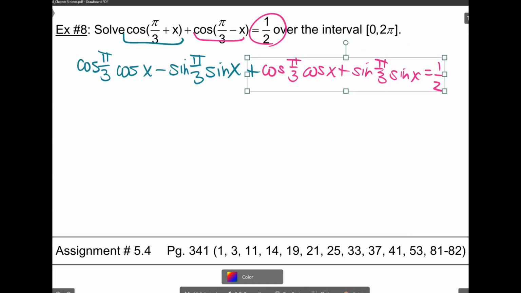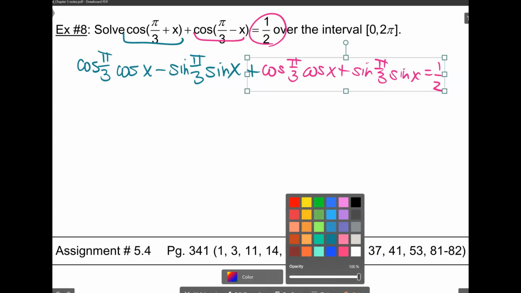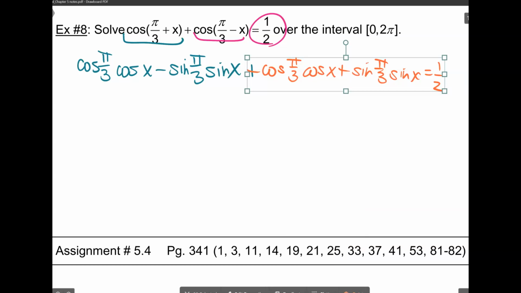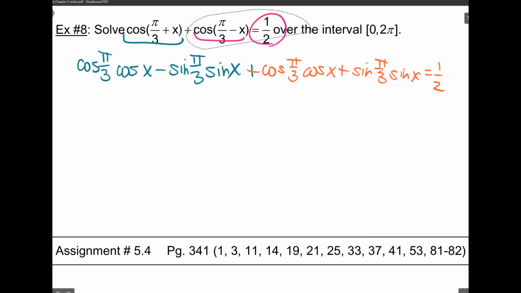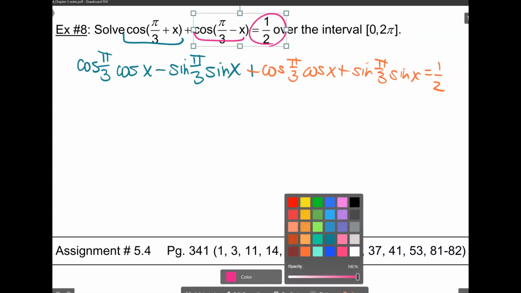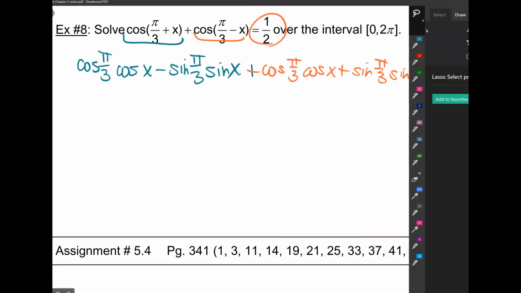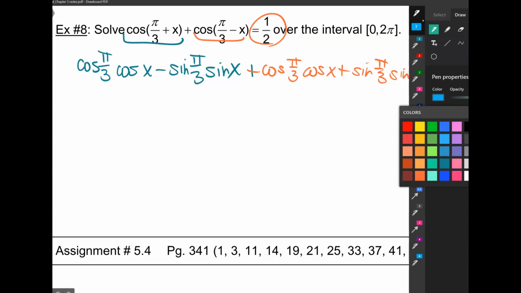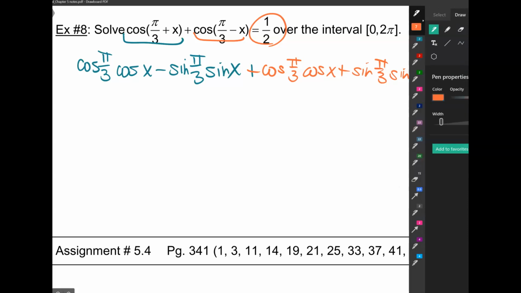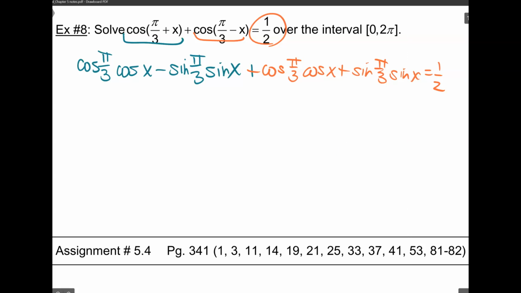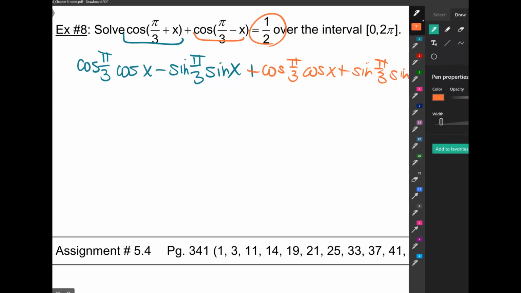Sometimes I make mistakes. There, that's better. This is the same color. Okay, perfect. Thank you for reminding me.